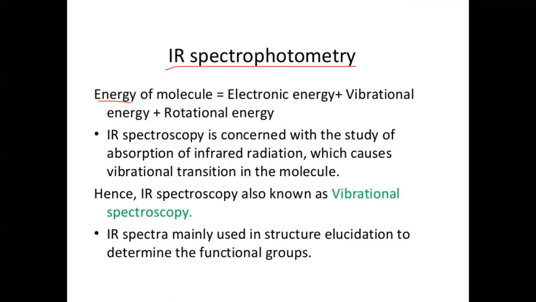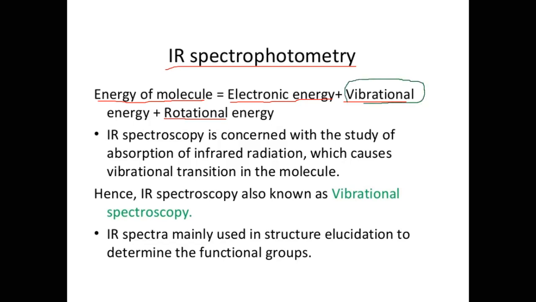The energy of a molecule is made up of three types of energy: electronic energy, which we'll talk about more in experiments 9 and 10, which utilizes UV-vis spectroscopy; vibrational energy; and rotational energy. So IR spectrometry deals with the vibrational energy of molecules. What we're going to be looking at is the vibrational energy within the bonds of molecules.